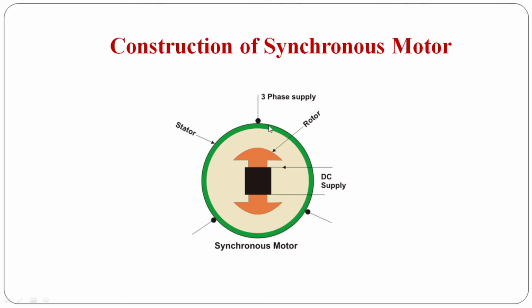All these three EMFs we can say current or flux. Whenever we give voltage or supply to the machine, current will pass through it, and as this is an electromechanical or electromagnetic device, current will flow and flux will also be produced.